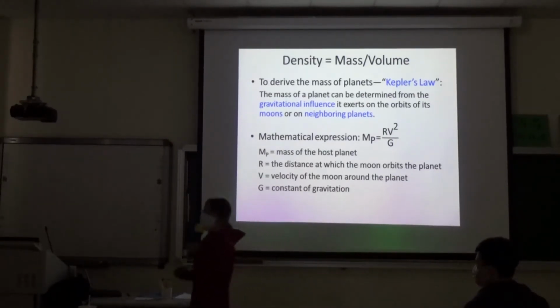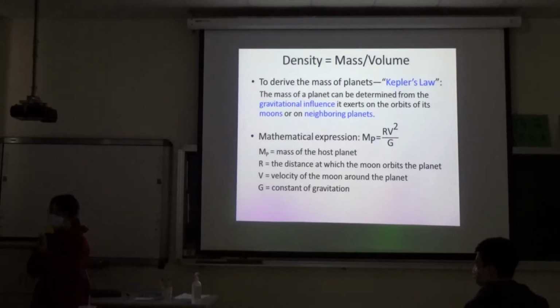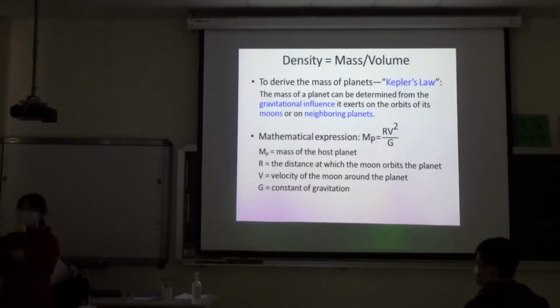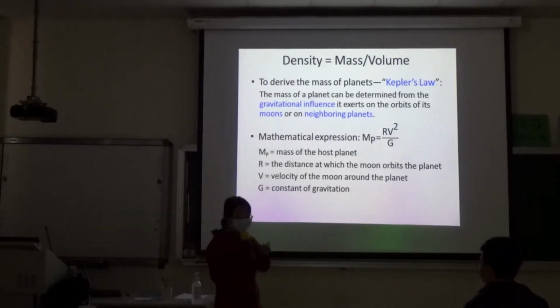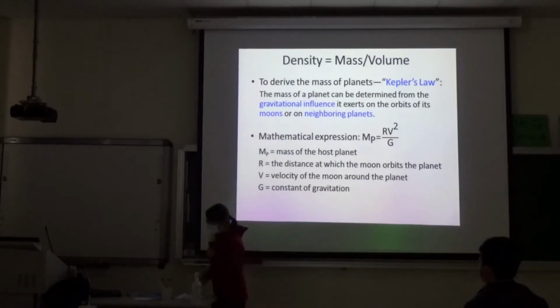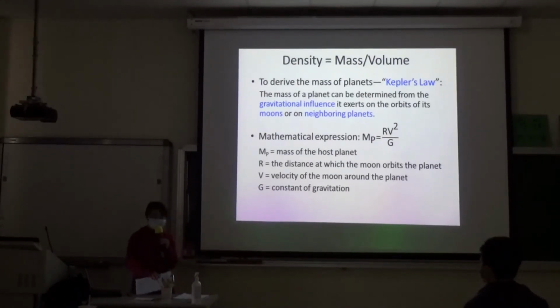But the planet does not have its own light. When we talk about the brightness, you actually need to measure one critical parameter, which is distance. Exactly. So you need to measure the distance.